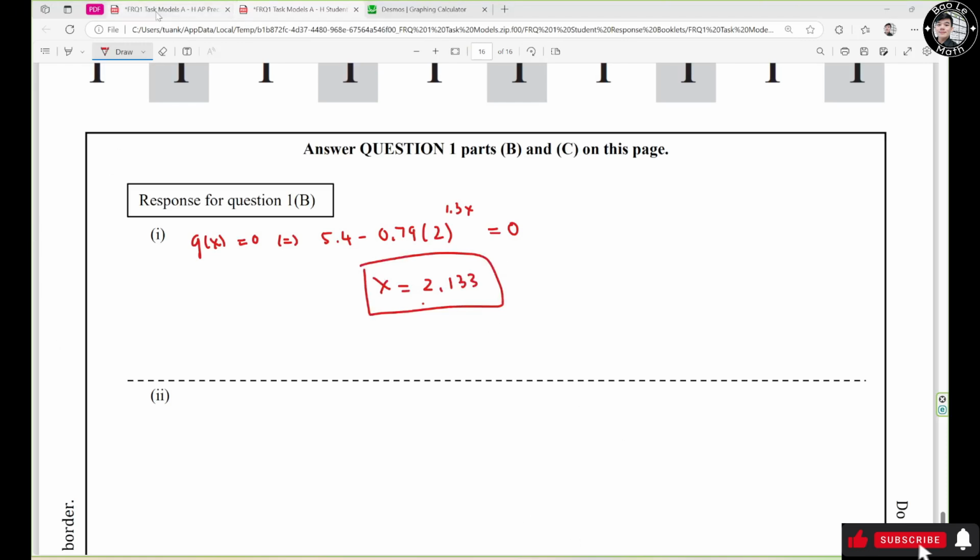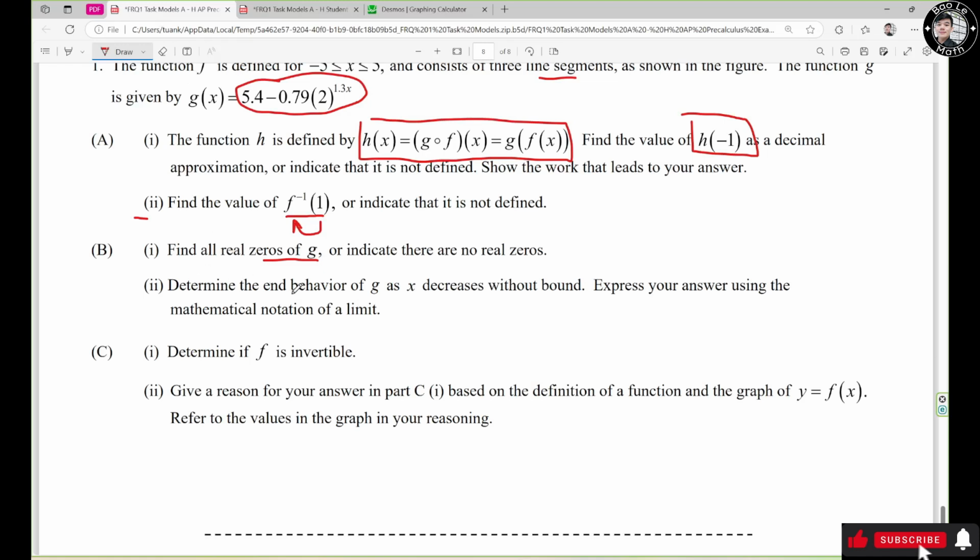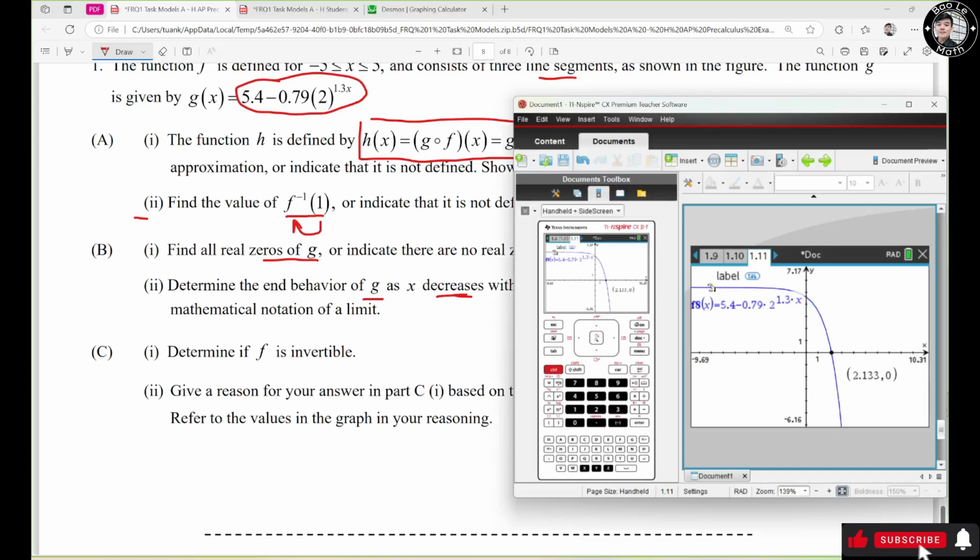Now question B to I. Determine the end behavior of the function g as s decreases without bound. So we look at the graph right here. We see that this is the function g. It starts from 5.4 right here.